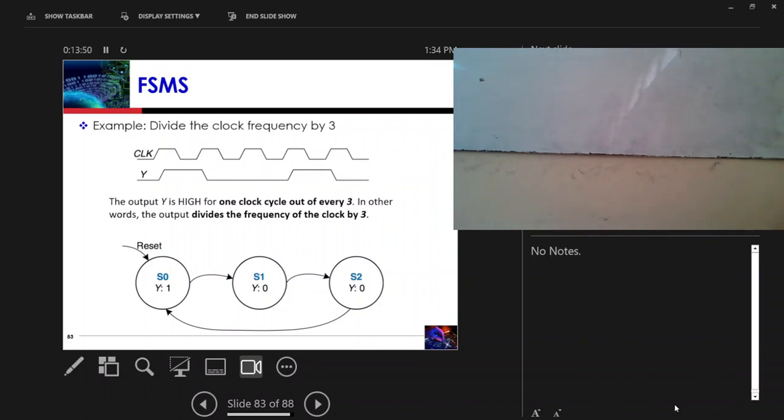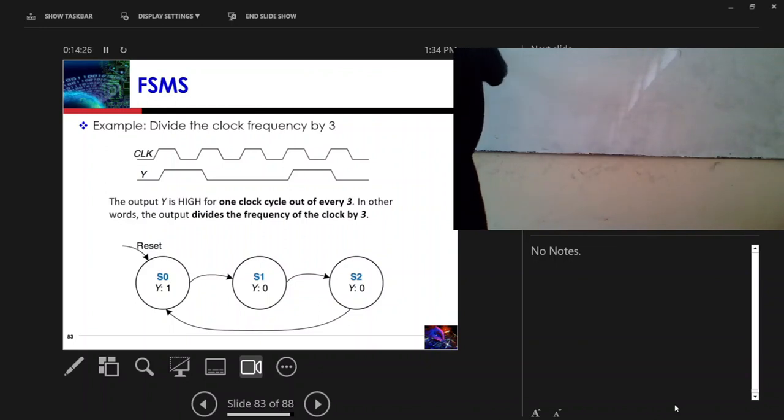So how would you draw this to depict it? You will draw it based on how you are thinking. Here they are starting from high. Y is high. So if Y is high, what happens? Our next state goes to the next positive edge.